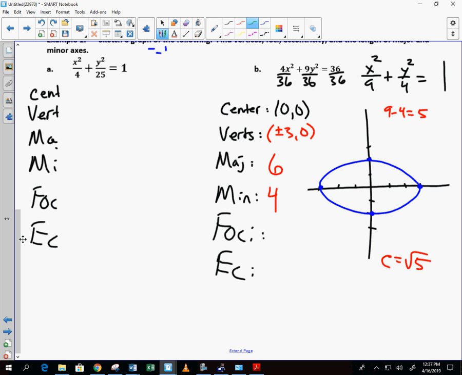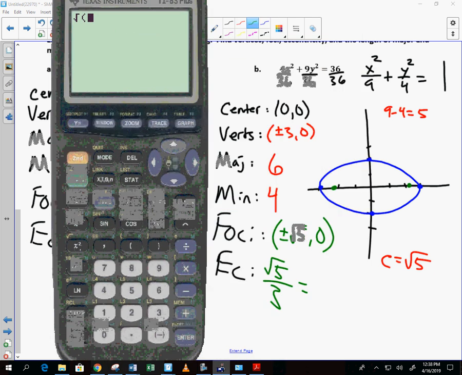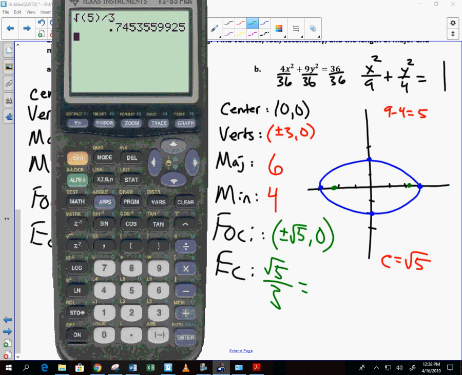So if we move 2.2 units horizontally, you can see that the location of the foci are plus or minus the root of 5, 0. Eccentricity is C, which is the root of 5, divided by A. What's A? 3. And when we take the root of 5 and we divide it by 3 on our calculator, we get 0.75. So that's not as close to 1 as the last one was, and you could tell that it's not quite as stretched, is it? It's not as stretched.